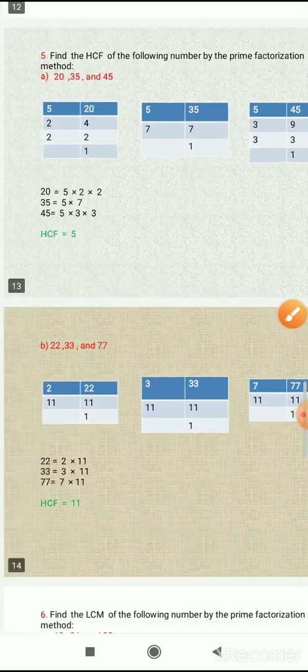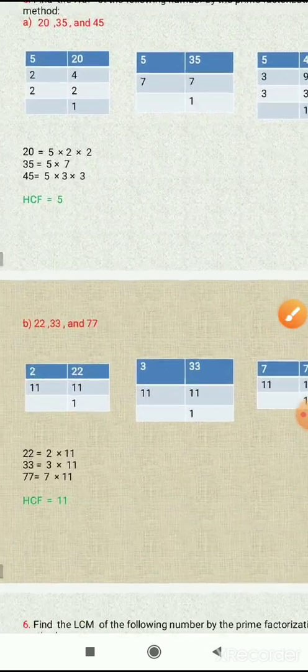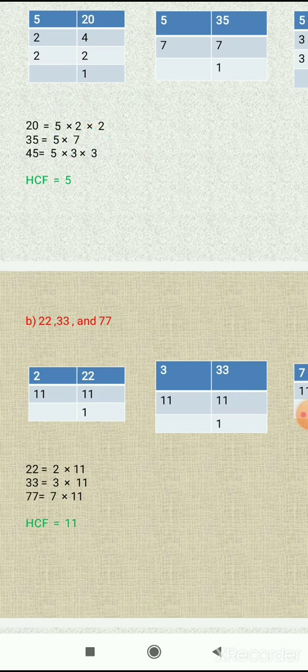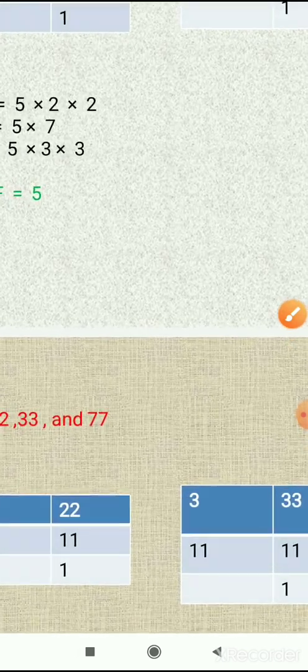So look here student, here we get prime factorization of 20, 5 into 2 into 2. Also we get prime factorization of 35, 5 into 7, and we get prime factorization of 45, 5 into 3 into 3. Okay, now we have to see common factor.